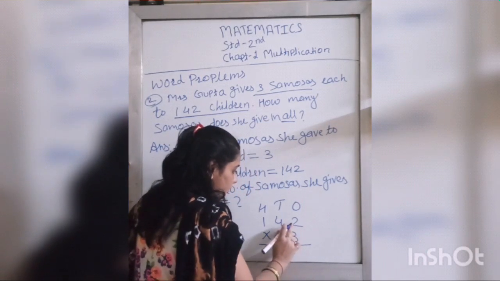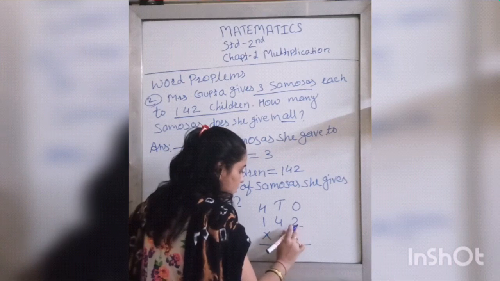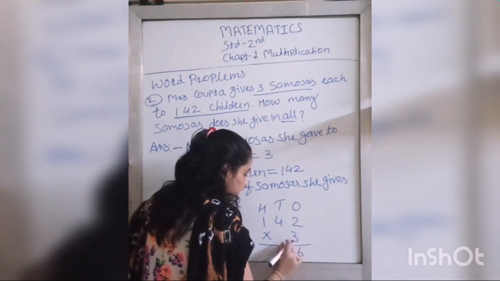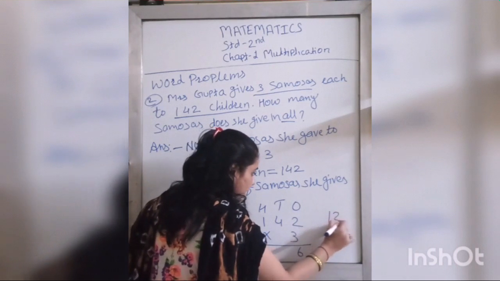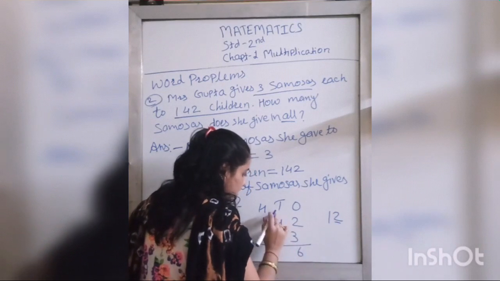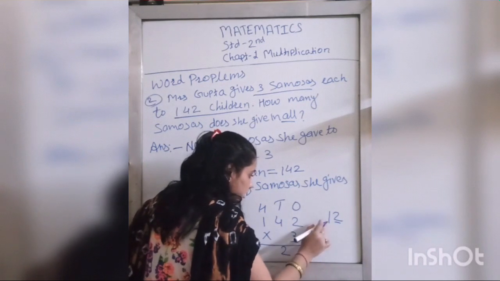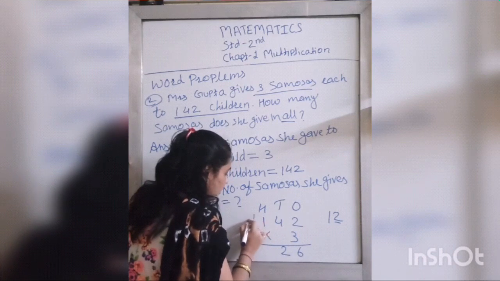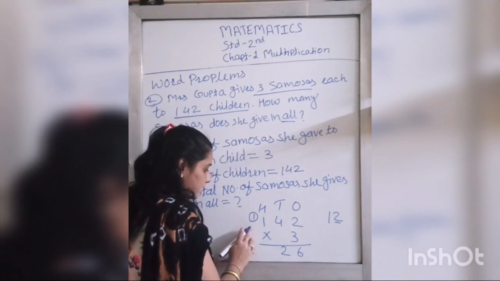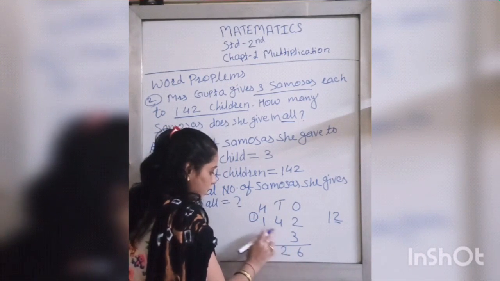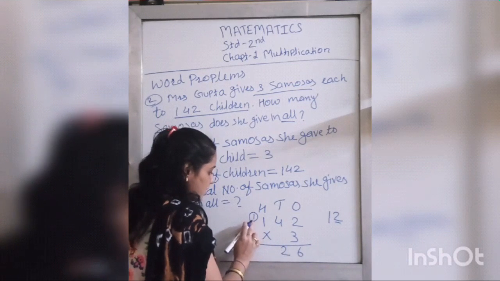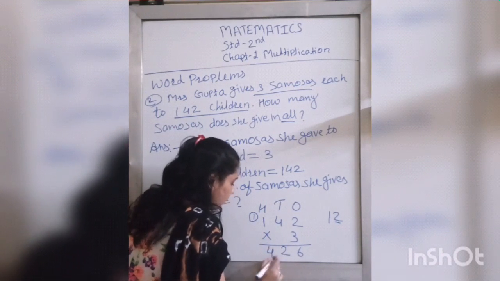Start multiplication from the ones place. 3 2s are 6, 3 4s are 12. This 2 we will write on the tens place and this 1 we will write over the 100 place as a carry. 3 ones are 3, plus 1 is equal to 4.